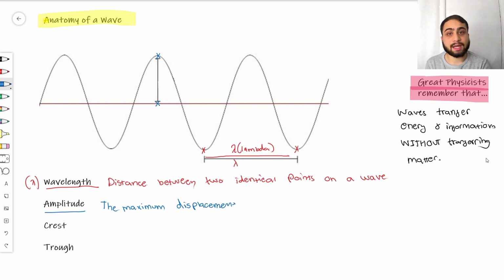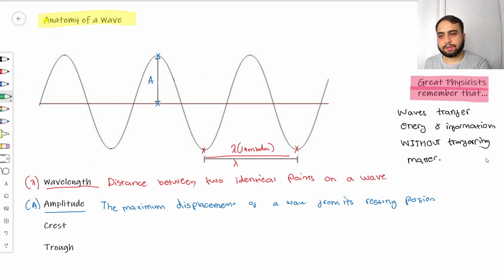That's because we want the distance with a direction, so a vector. So we want the maximum displacement of a wave from its resting position, which is this flat line here. So this right here is A for amplitude.